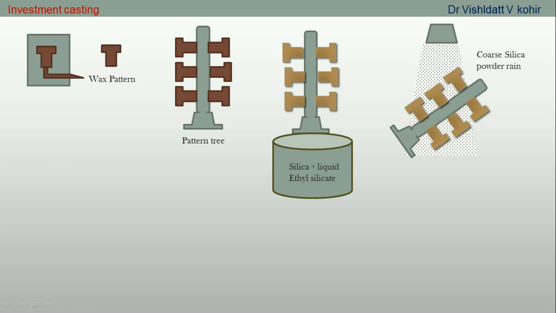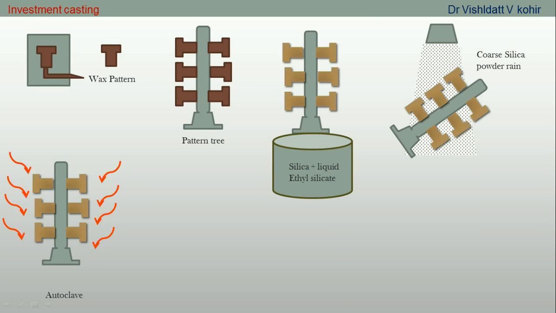The completely cured pattern tree is taken to the oven. Normally an autoclave is used to heat this tree. When it is heated, whatever wax is there comes out of the mold.